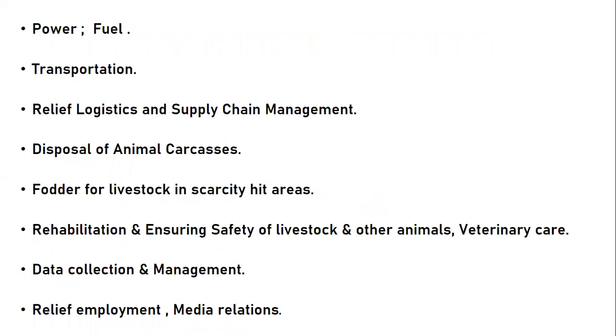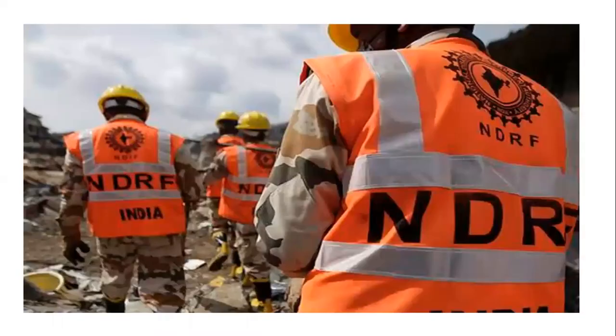Then power, fuel, transportation, relief, logistics and supply chain management, disposal of animal carcasses, fodder of livestock in scarcity hit areas, rehabilitation and ensuring safety of livestock and other animals, veterinary care, data collection and management, relief employment, media relations.